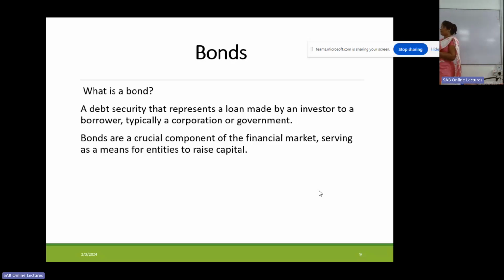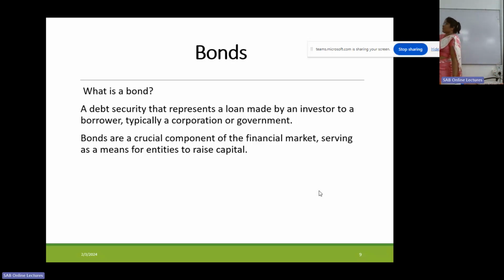From the investor perspective, it is a fixed income investment, a fixed income security.